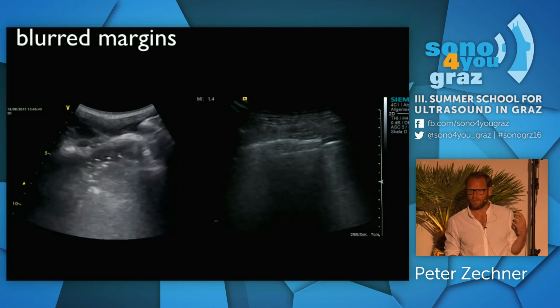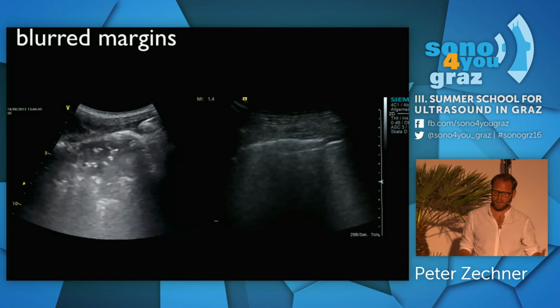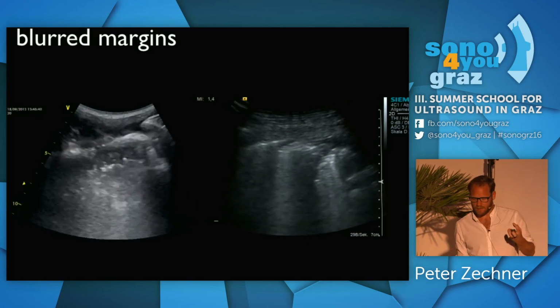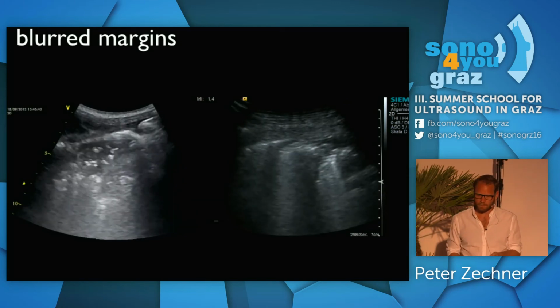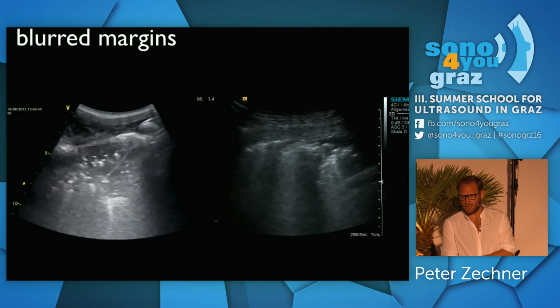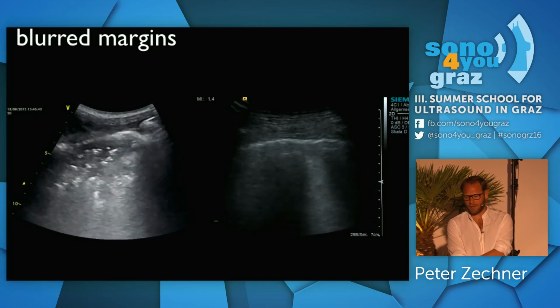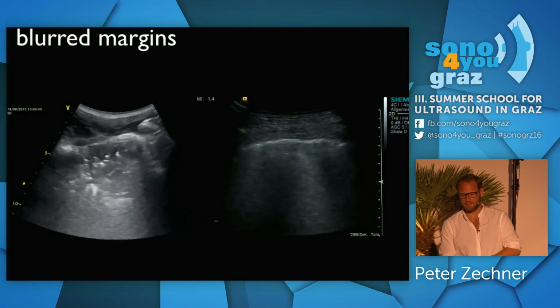So that's the typical finding in pneumonia. For example, in patients with malignant disease, it's often very sharp. It shows sharp margins, and in patients with pulmonary embolism, we also see sharp margins.